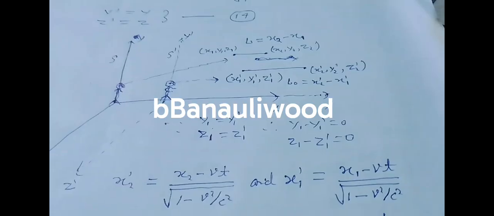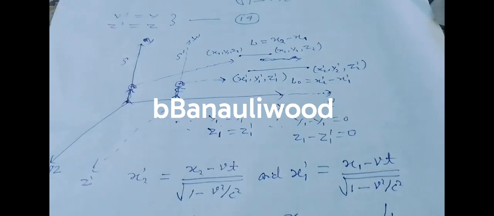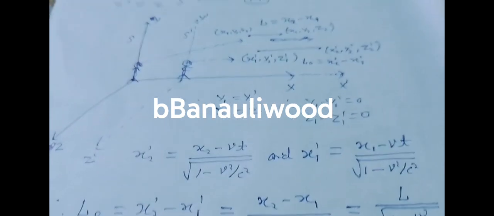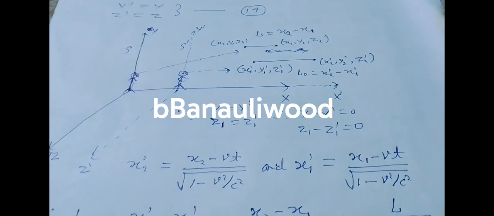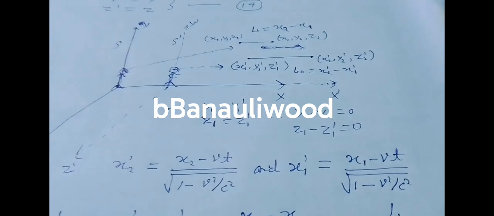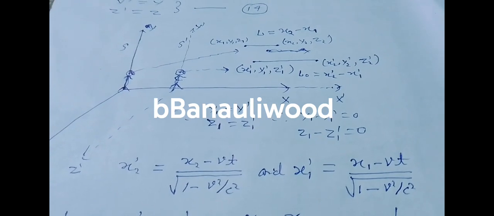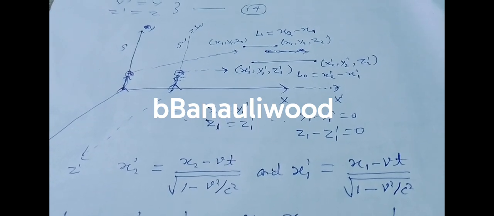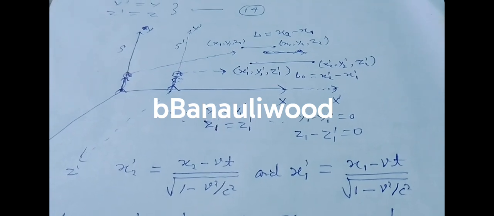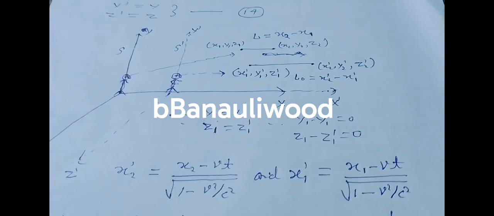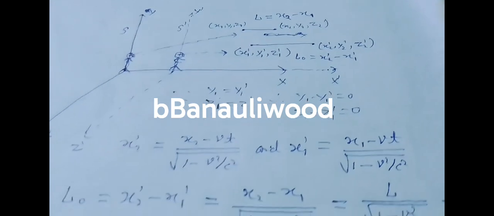Let us prove it. Consider a rod lying along the x dash axis of a moving frame of reference S dash. Let x sub 1 dash and x sub 2 dash be the coordinates of the ends of the rod as seen by an observer in the S dash frame.